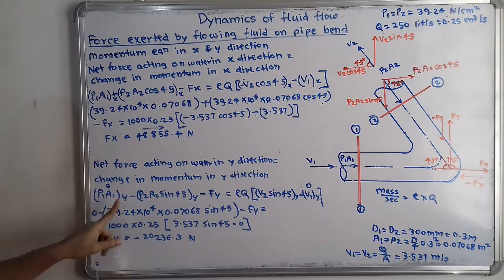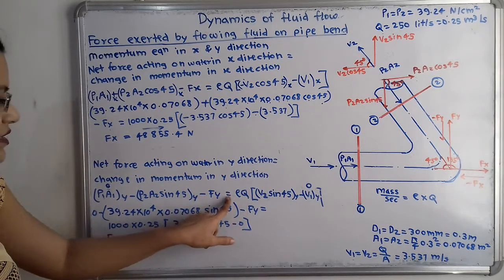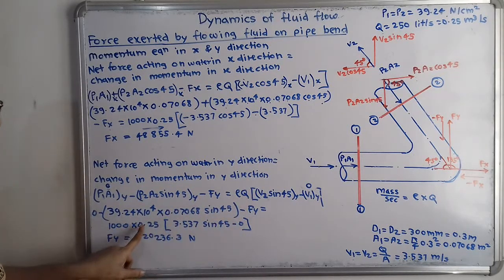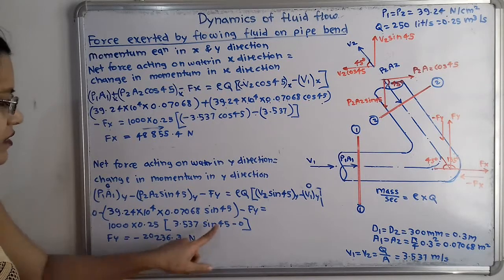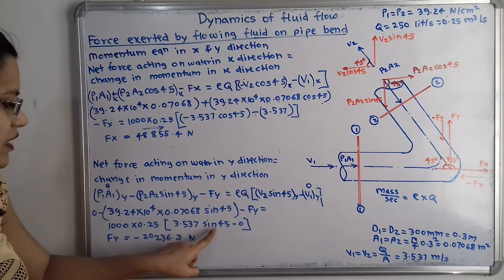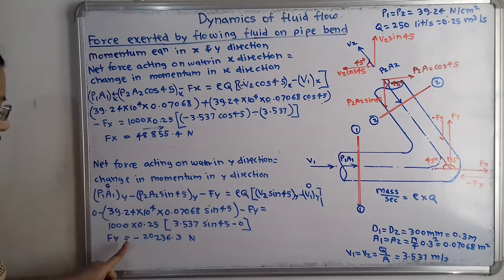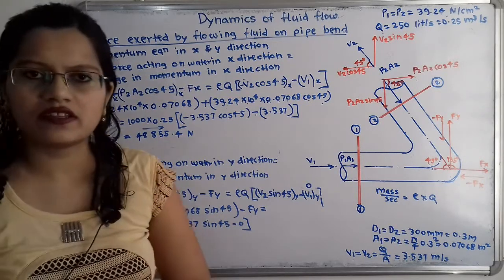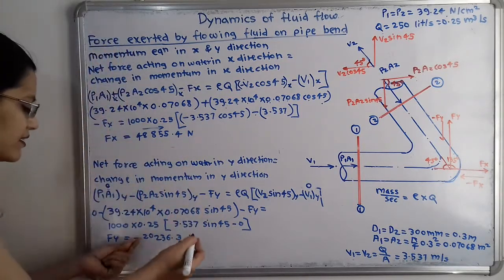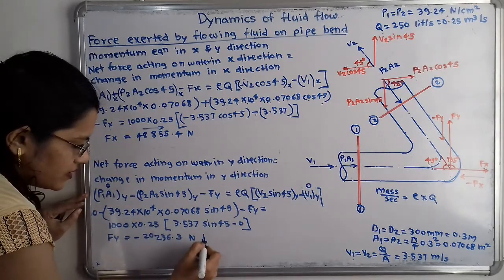So 0 minus P2A2 sine of 45 minus Fy is equal to rho into Q, that is 1000 into 0.25, in the bracket V2 sine 45, that is 3.537 sine of 45, minus 0. When we solve this, we will get Fy equal to minus 20,236.3 Newton. It has a negative sign, so its direction is downward.